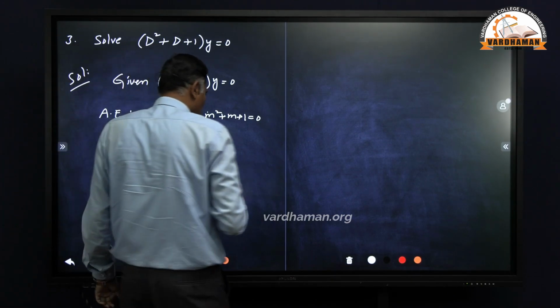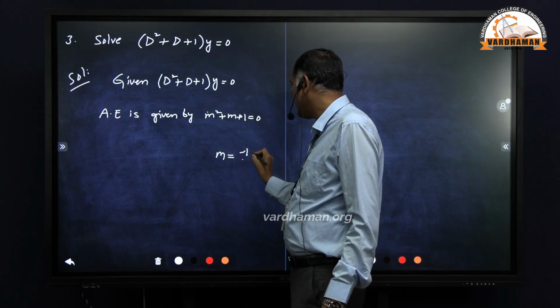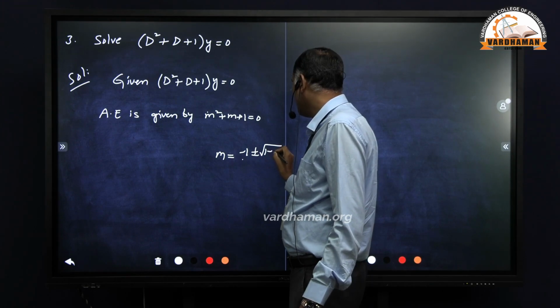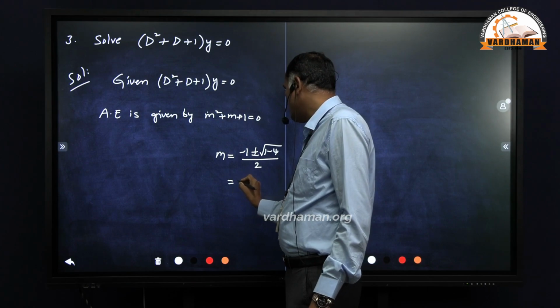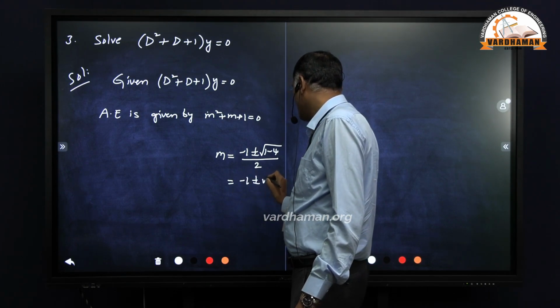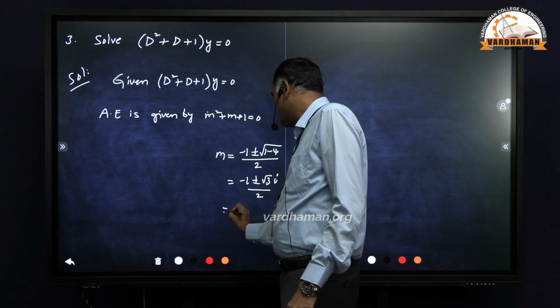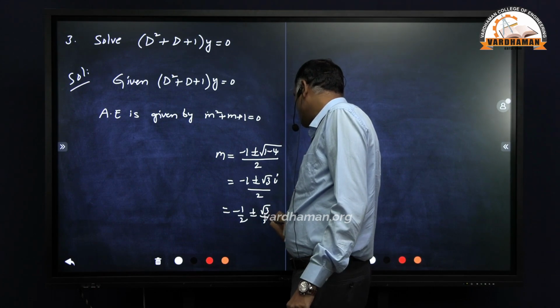Let us use the formula, minus b plus or minus square root of b square minus 4ac by 2a. Now this is nothing but minus 1 plus or minus root 3 into i by 2. This is nothing but minus 1 by 2 plus or minus root 3 by 2 into i.